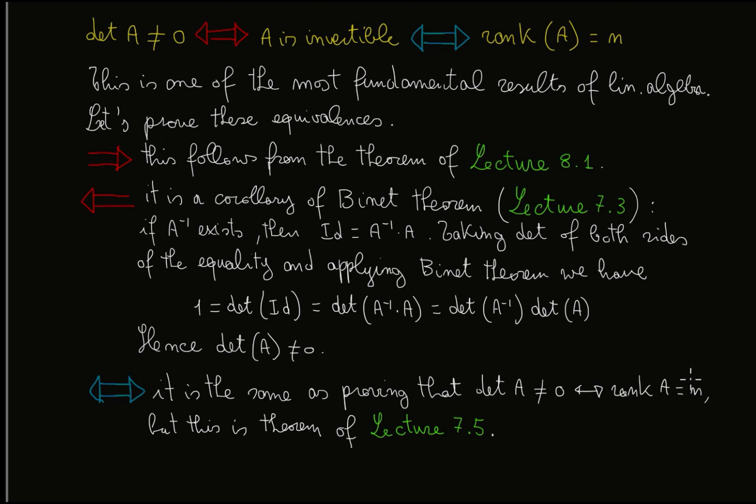Therefore, if the rank of A equals n, for example, then by that theorem, we know that there is a submatrix of order n in A whose determinant is non-zero, but there is only one submatrix of order n in a square matrix of order n, and that is the matrix itself, so it is A itself.